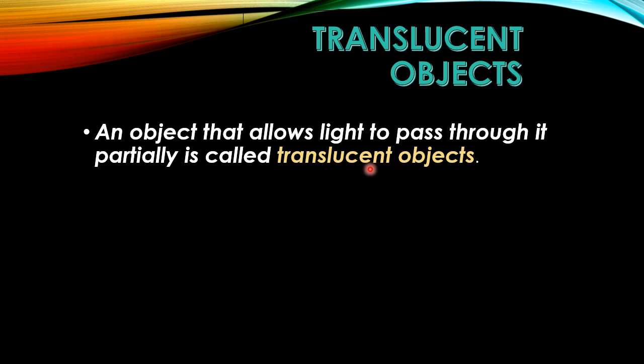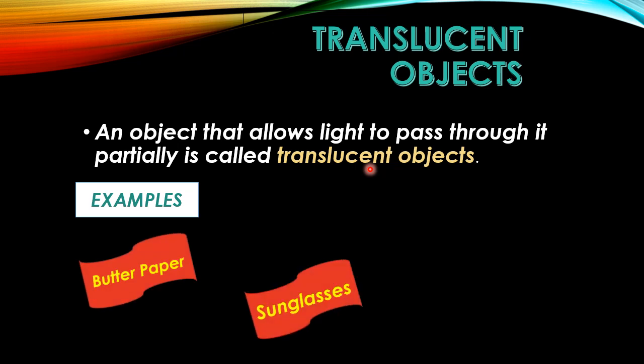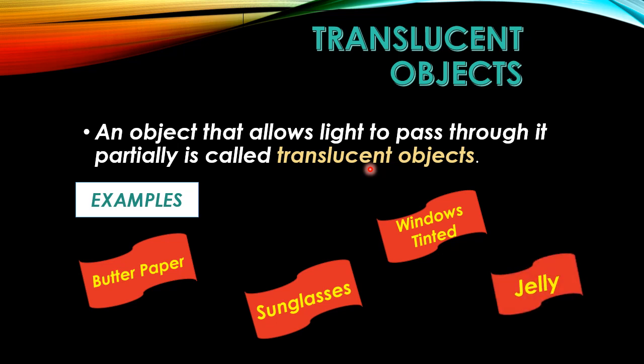You can see that object but not clearly. Let us study it with examples. Butter paper, sunglasses, tinted windows, and jelly. These are the examples of translucent objects. Let us study it more clearly with examples.